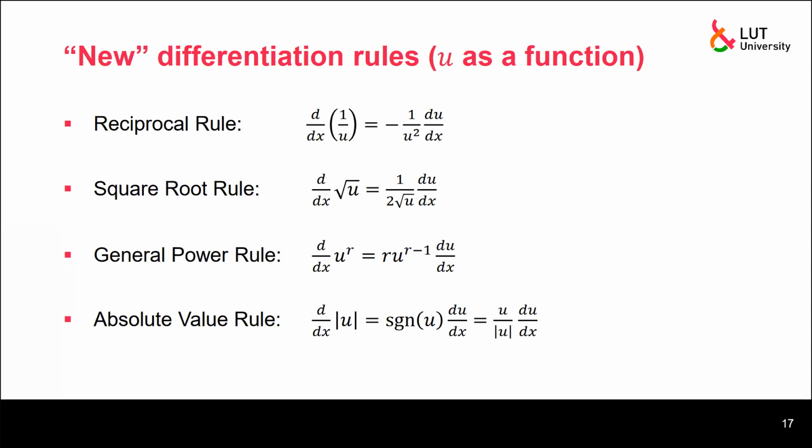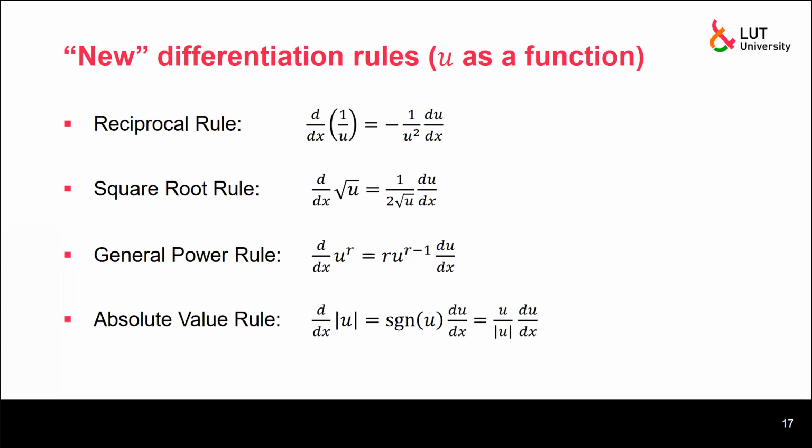Same with if we have a square root of a function, we should get essentially what we got here, half of the inverse square root times the derivative of the function. And then general power, if we take the derivative of some power of a function, we do have that rule. So power of the function times the function to the power minus 1 times the derivative of the function.